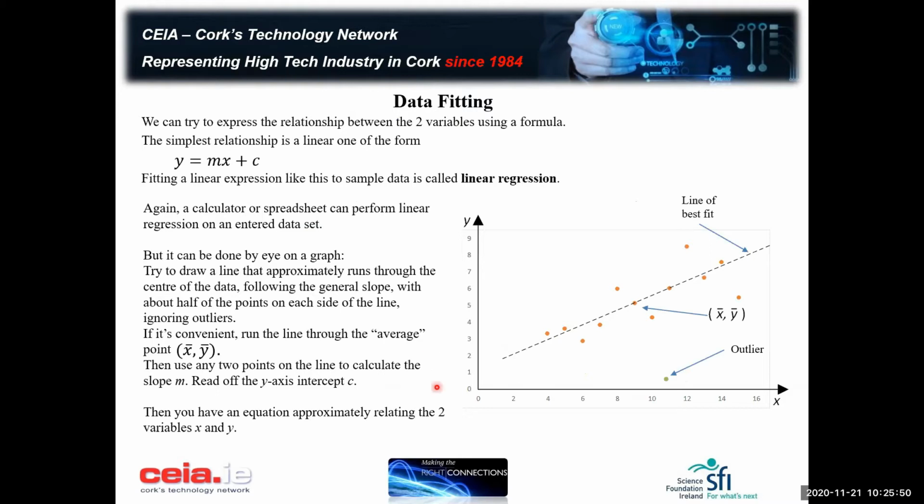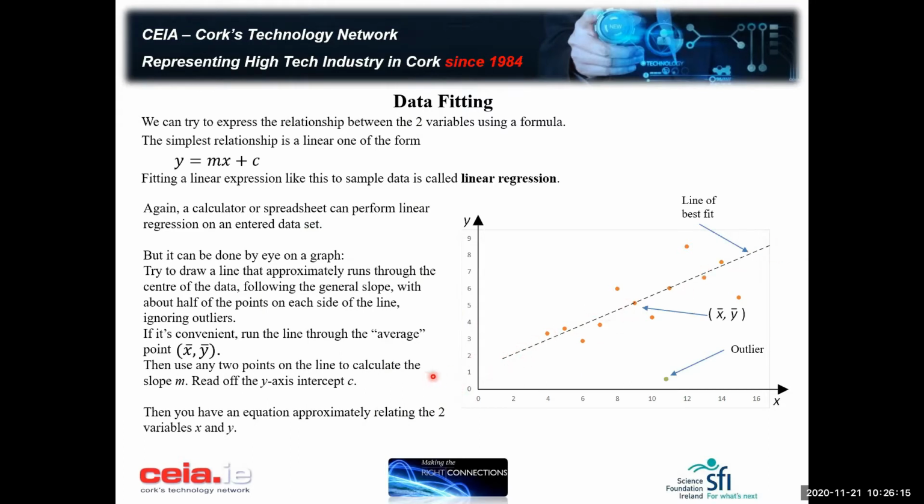Now, one thing you'd like to do is to quantify the relationship between X and Y variables. That's called regression, and in this course you only need to consider linear regression, which is a linear fit to the data. It's a best line estimate of that linear relationship.